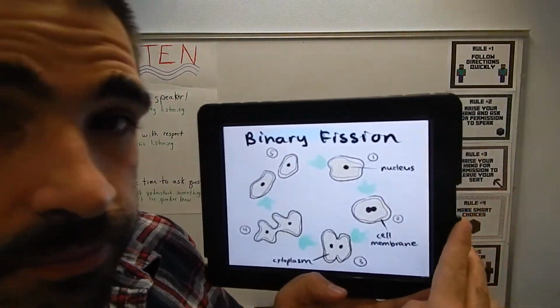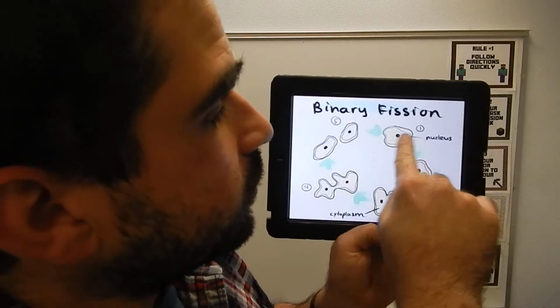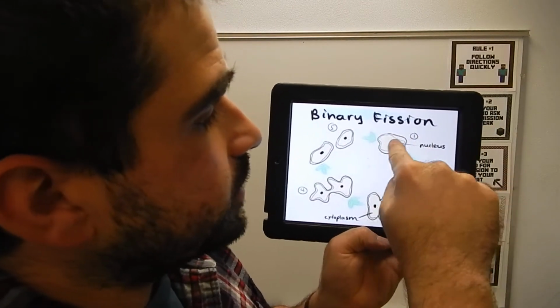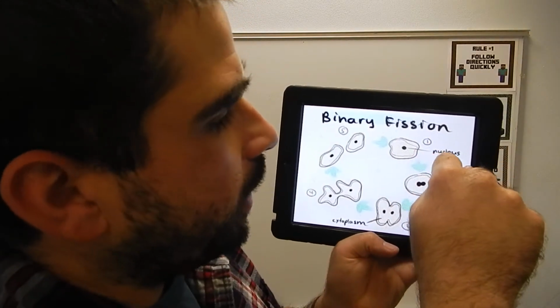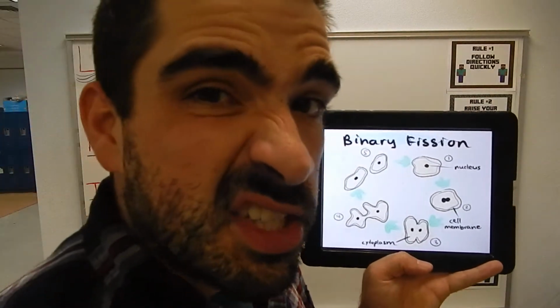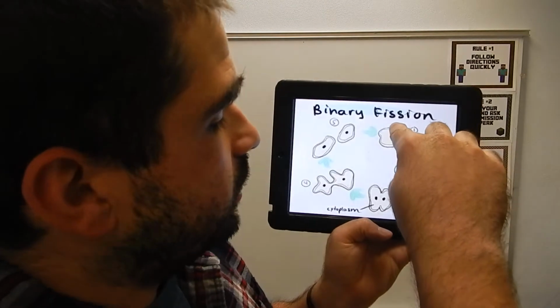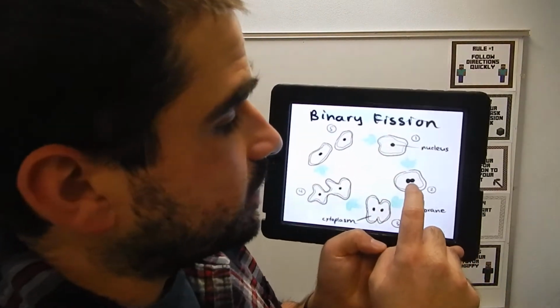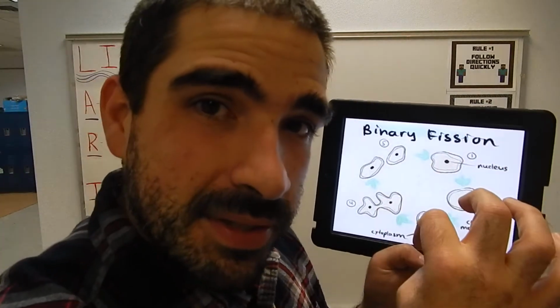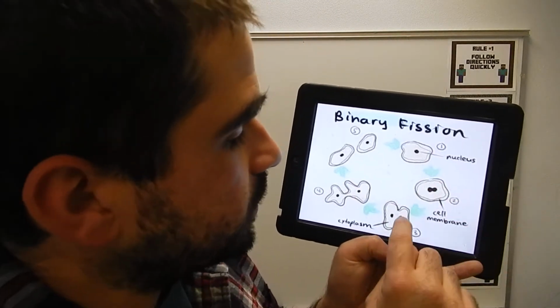So binary fission, this is what we're talking about. First step is you see that there's a single bacteria cell. And the illustration is a nucleus, but we'll call it its DNA. All right, so the DNA is just simply right there. And when it wants to start dividing, it divides the DNA inside first. So it copies itself, and then it starts to split.